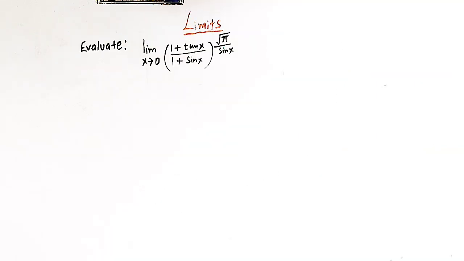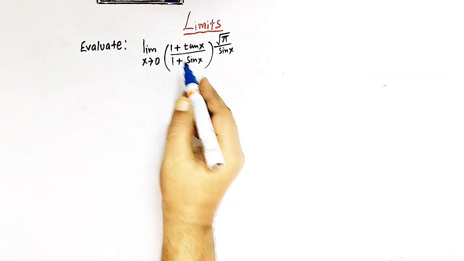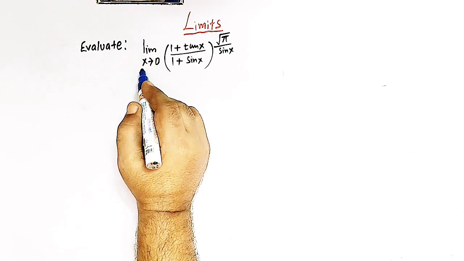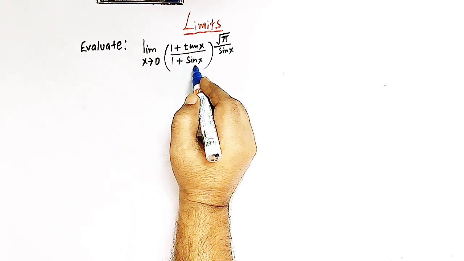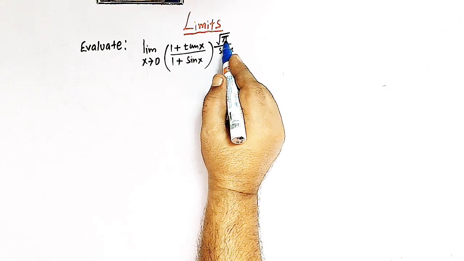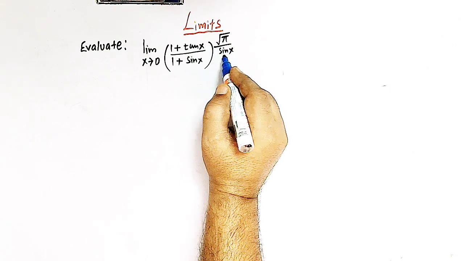So now let us consider one more example. Let us consider this limit: x tends to 0, (1 plus tan x) divided by (1 plus sin x), raised to the square root of pi divided by sin x.